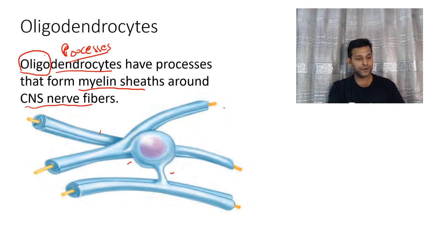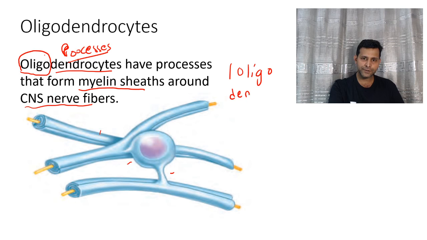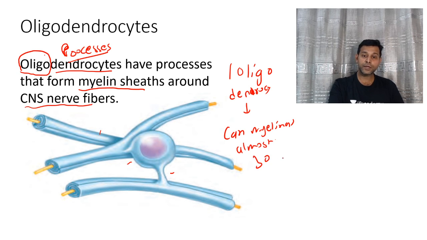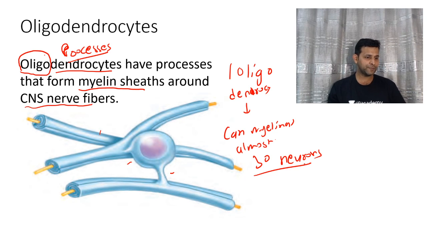The difference here is that one oligodendrocyte can myelinate almost 30 neurons. This is the advantage here. So we have space saving cells.